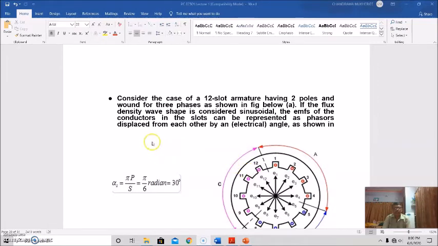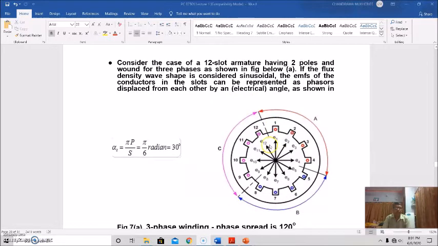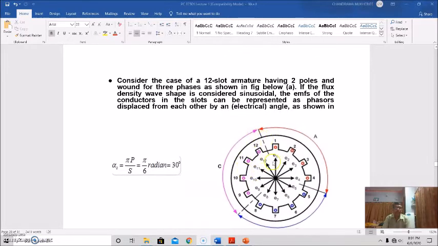To understand it in a very simple manner, we'll consider the case of a 12 slot armature having 2 poles and 3 phases. That is shown here in this figure.